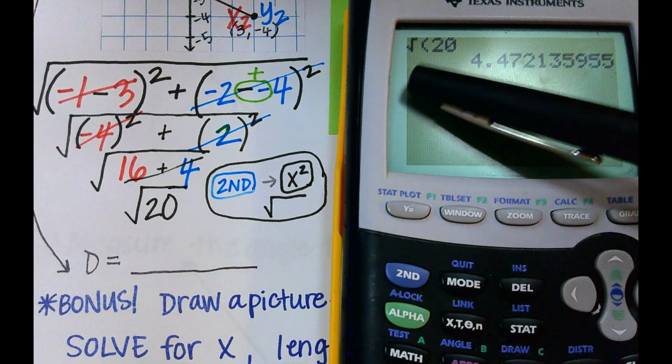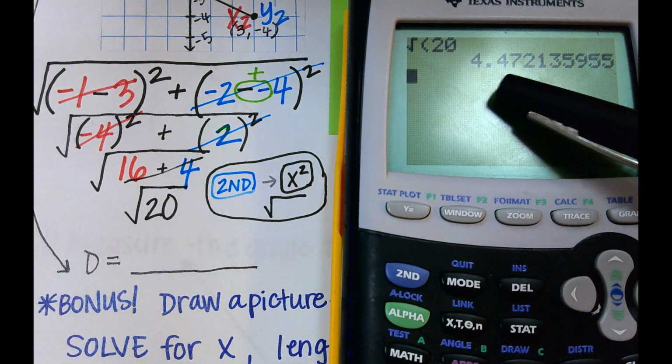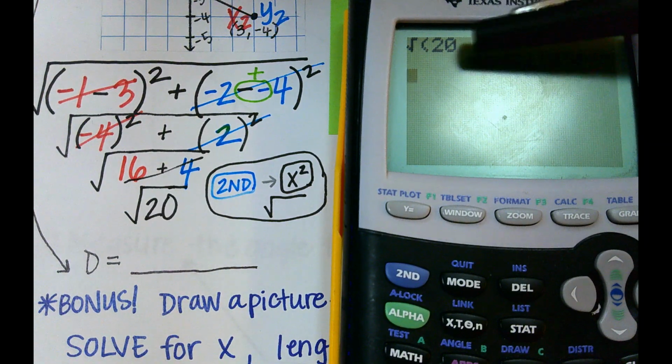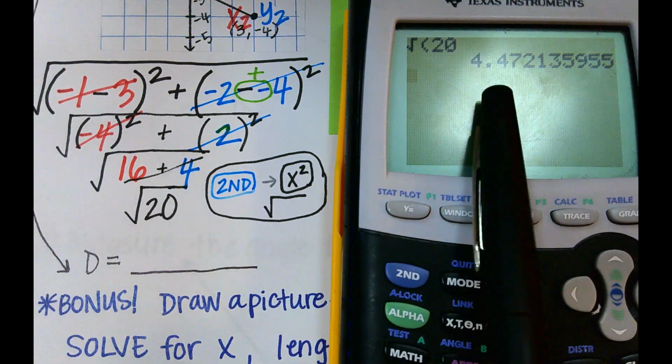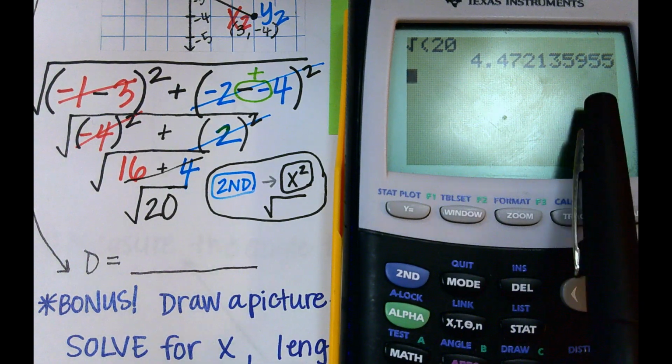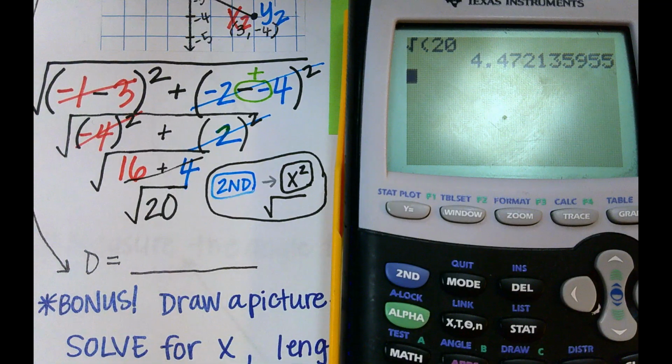It means we're finding what number we can multiply by itself to get 20. Well, apparently 4.472 times 4.472 gives me 20. And it makes sense if you think about it, like 4 times 5 makes 20, so it has to be something in between 4 and 5.